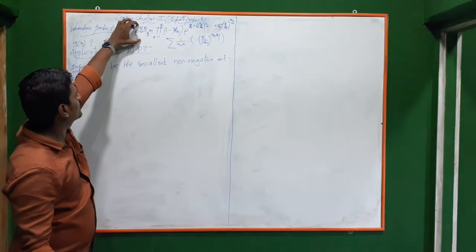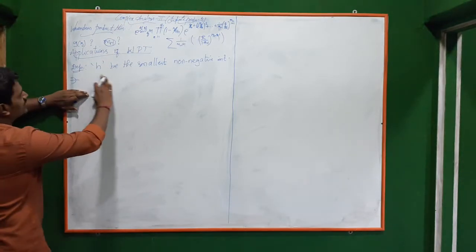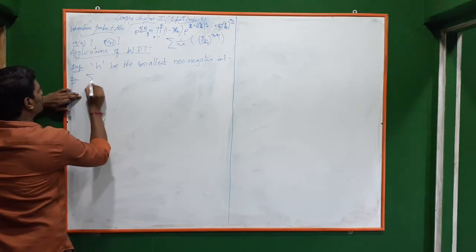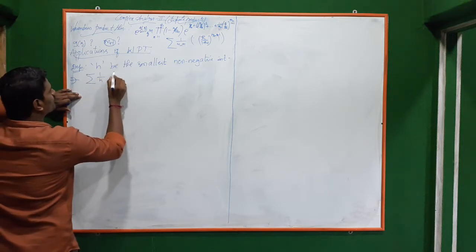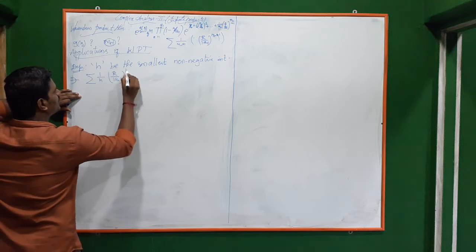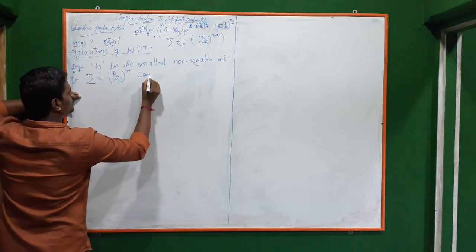Here, h is the smallest integer such that the summation of (1/(h+1)) (r/|a_n|)^{h+1} converges.